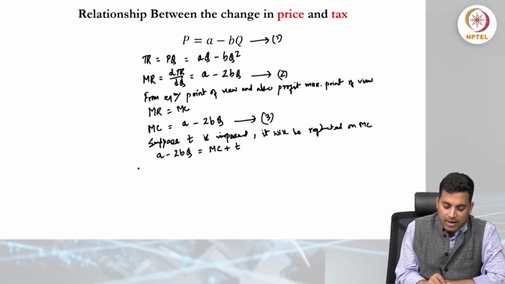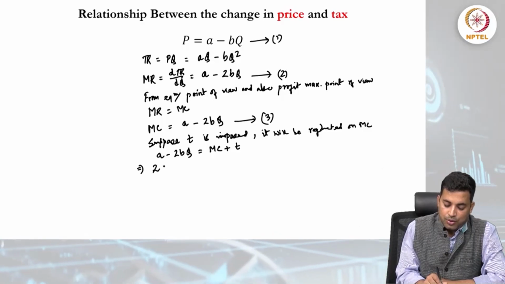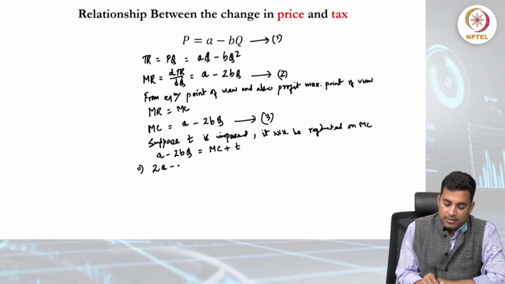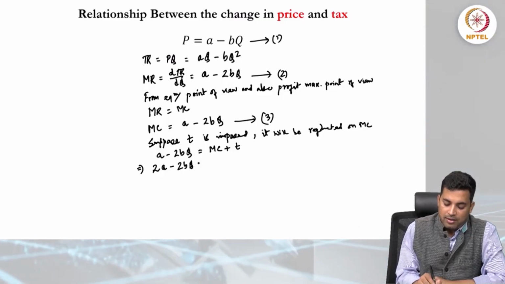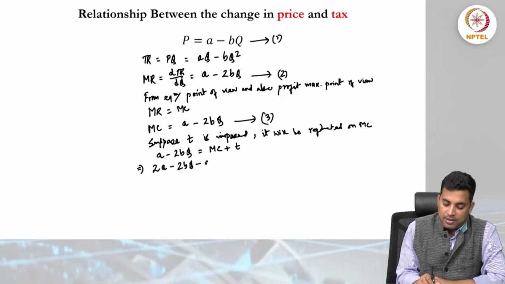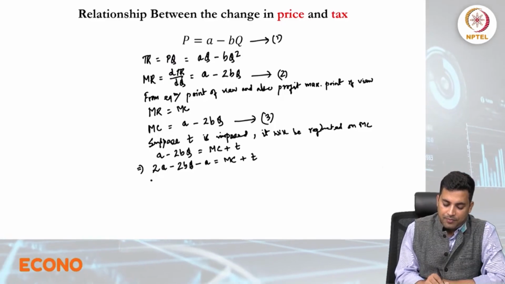Now we can write this equation as 2A minus 2BQ. Since we added 1A here, we are subtracting 1A from here, and then we write it this way.